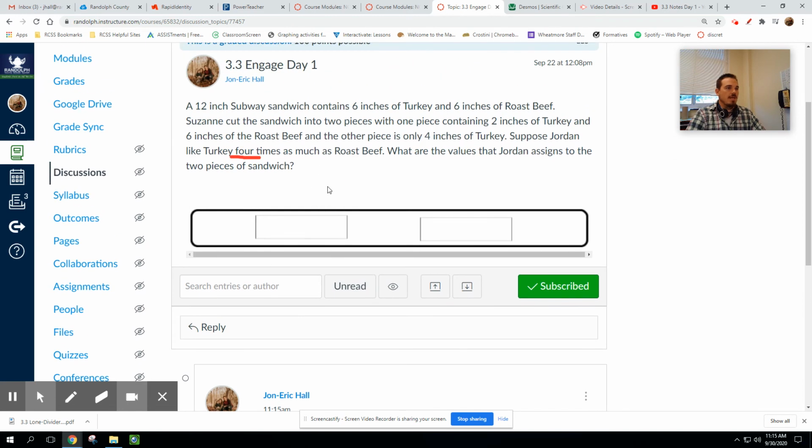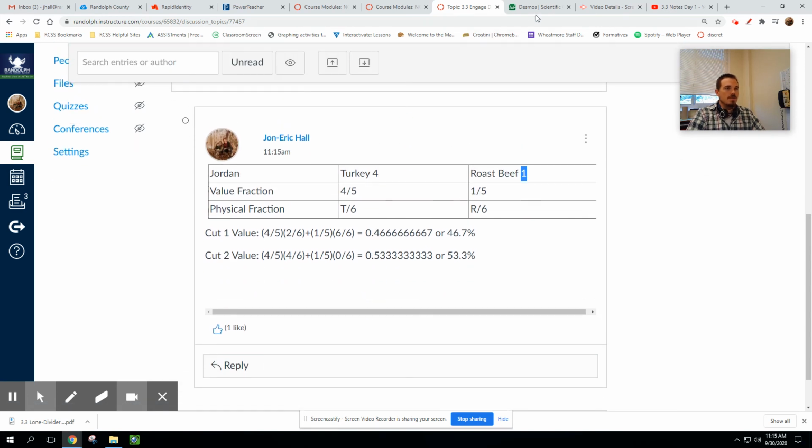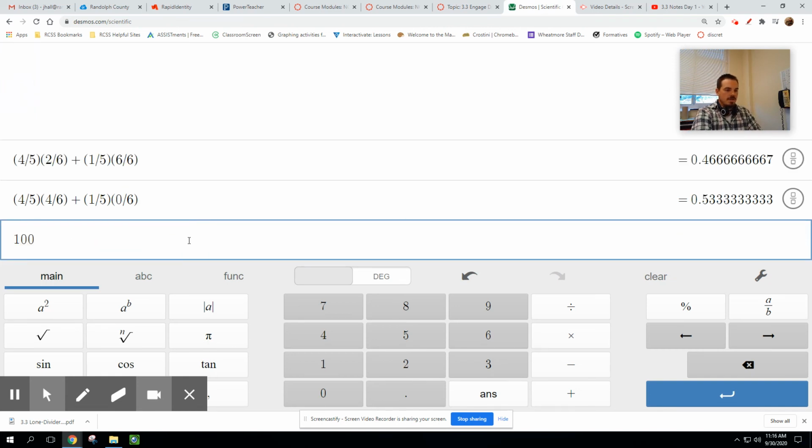The only thing I will say that I've noticed is we have trouble with these fractions. Really pay attention to how I got those, with 4 times as much, 1 time as much, and plug those in. The only other thing I could say is maybe a shortcut. If you wanted, you could have taken 100 and subtracted that 46.7 to get his other amount, which would have been 53.3.